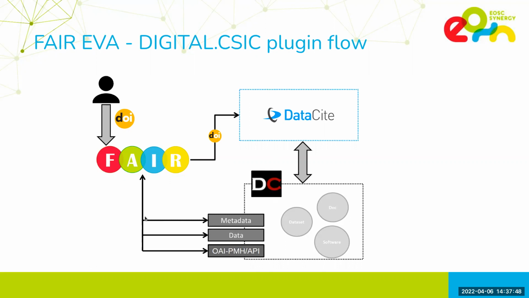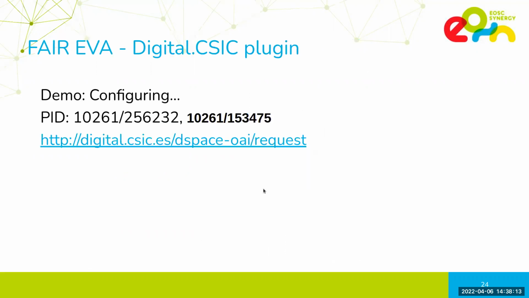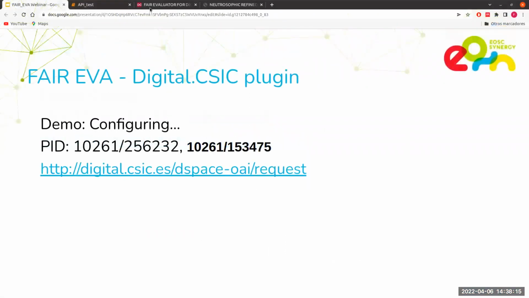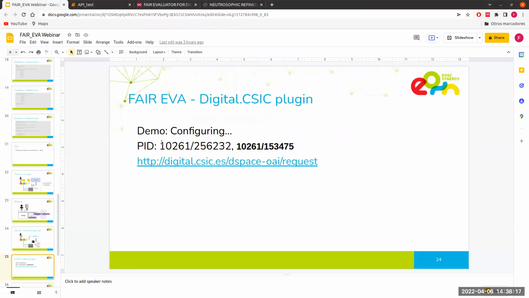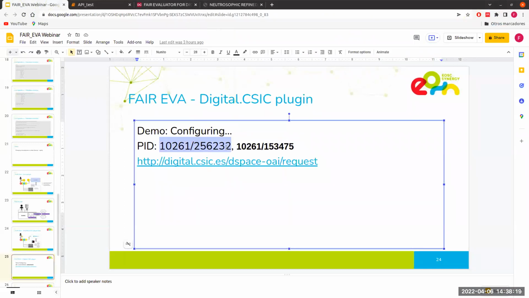So we have specific ways to access the metadata within Digital CSIC, also the data, and we exploit not only OAI-PMH, but also the Digital CSIC API to get the information that we need in order to know if the digital object is FAIR or not and what is the fairness level of these digital objects, okay? So we have a particular implementation for Digital CSIC that we can use to check some digital objects, okay?